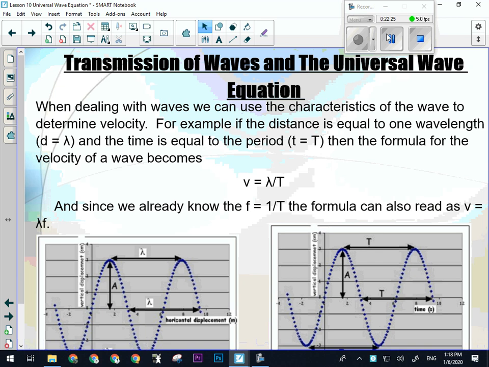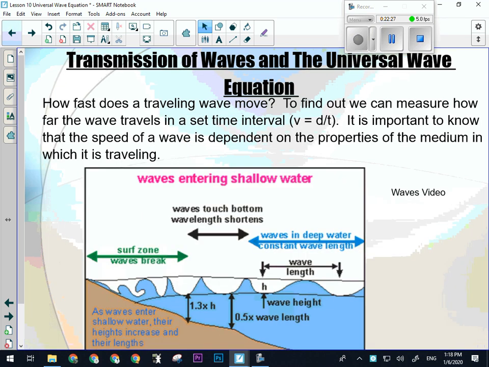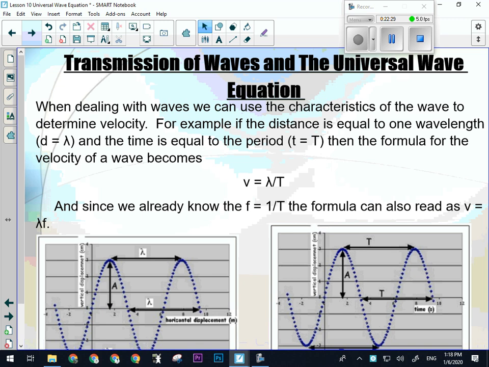So if we're looking at the universal wave equation here, we said that we can use it in this form, but on your formula sheet, it's actually written as v equals frequency times wavelength. Now, if I do that, what are the units for frequency? Hertz, or cycles per second. And what are the units for wavelength?